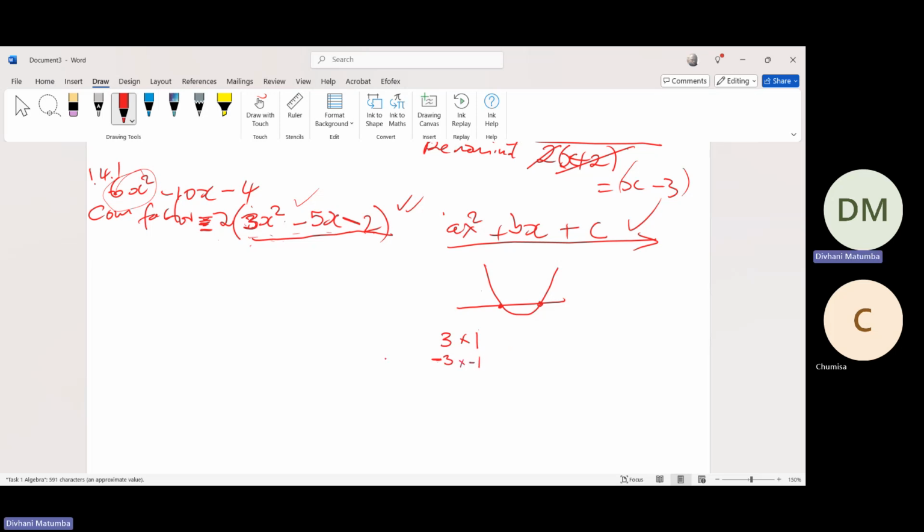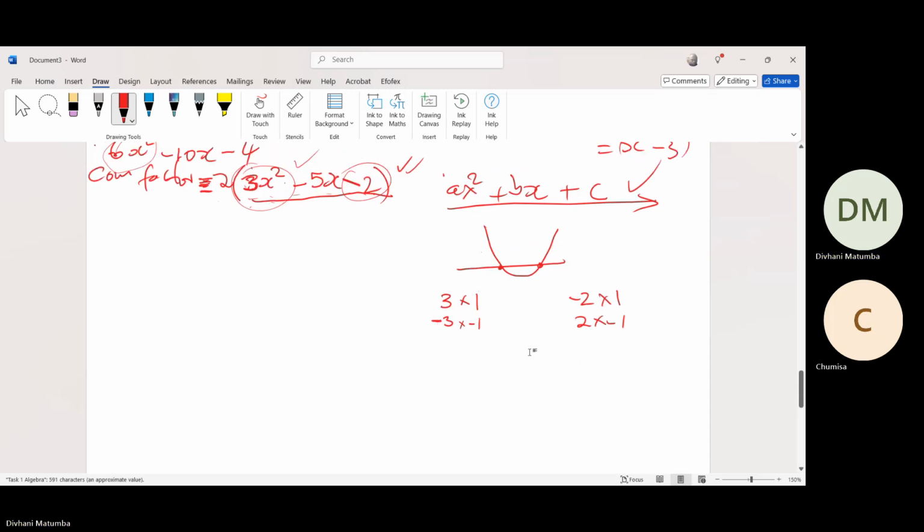All these are the factors of 3. I'm also going to list the factors of -2. We have -2 times 1 and 2 times -1.